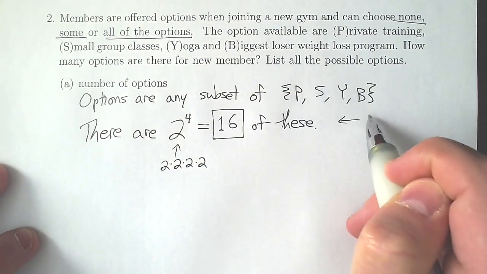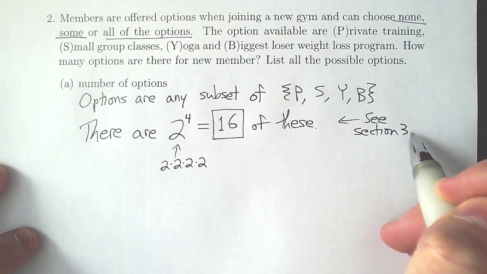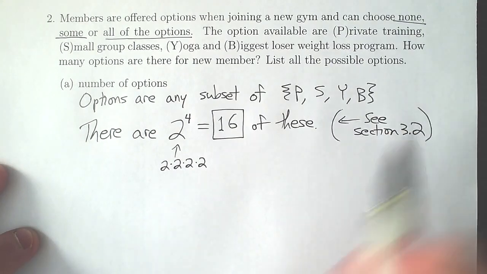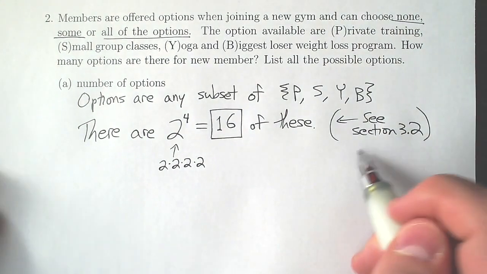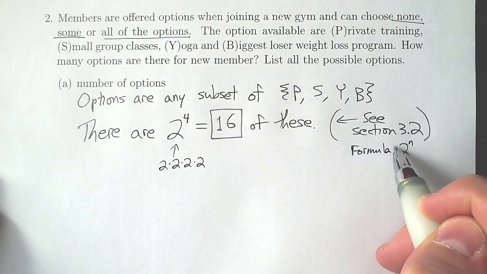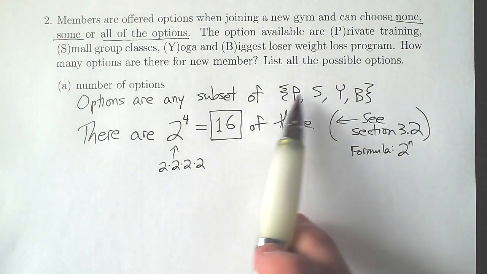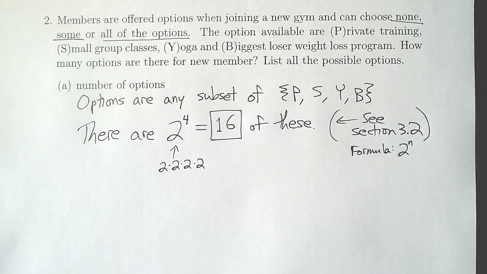All right, so you could see section 3.2. In section 3.2, I think the formula said 2 to the n, and in this case, it was 2 to the 4. All right, so there were 4 things here, so I did 2 to the 4.